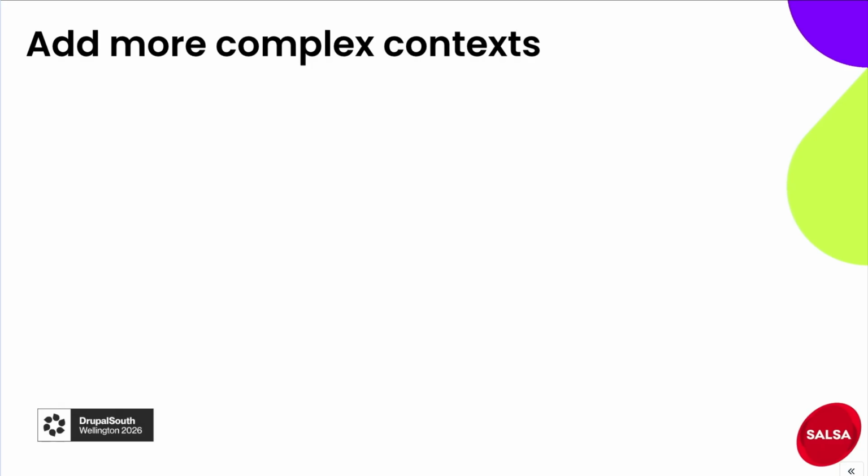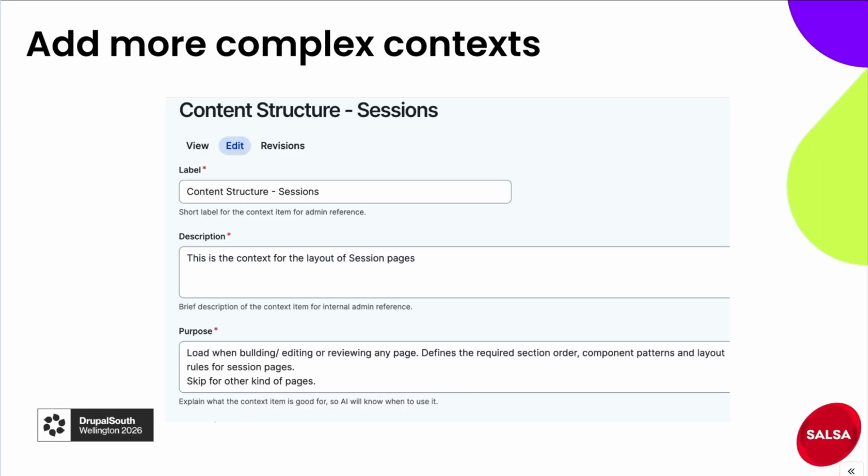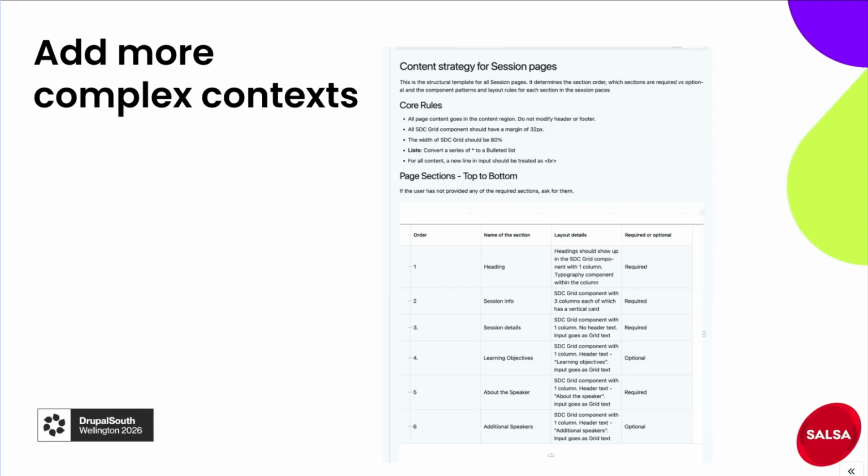And then I am adding one more very complex context, and I'll walk you through that. This is the content structure of the session page. So this is the name and description. But if you look at the actual content here, that's what's important. This has a few parts. The core rules are: always put your stuff in the content area. Do not put that in header and footer, right?